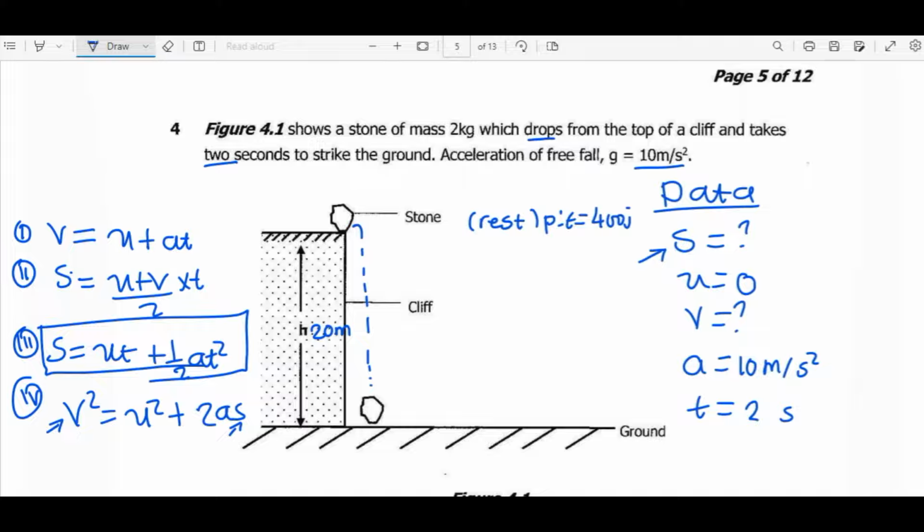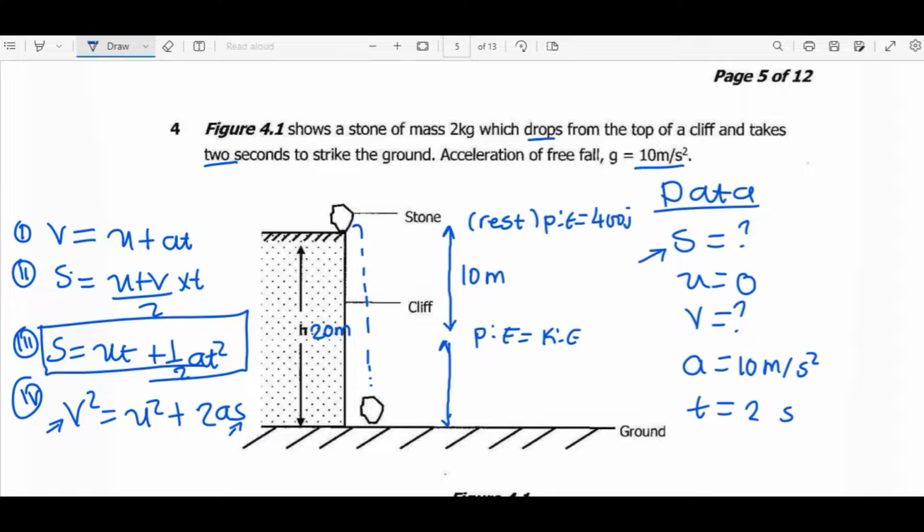Now we want to look at the potential energy, how much from that 400 will be converted when it moves halfway. So the halfway is after it covered a distance of 10 meters. So at this point, the potential energy must be equal to kinetic energy.